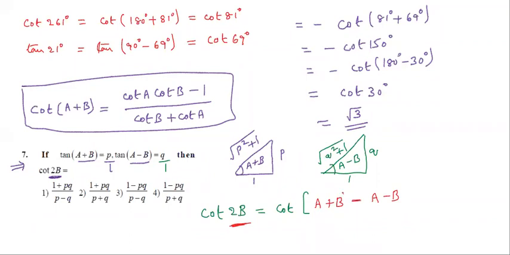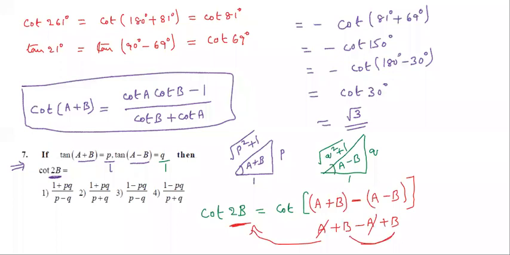Put minus. These two one unit, these two another unit. Now students observe here, this is A plus B, minus A, minus into minus, plus B. See here, minus A plus A is cancelled. B plus B, 2B or not? Okay, so 2B angle I am converted in the form of A plus B and A minus B.